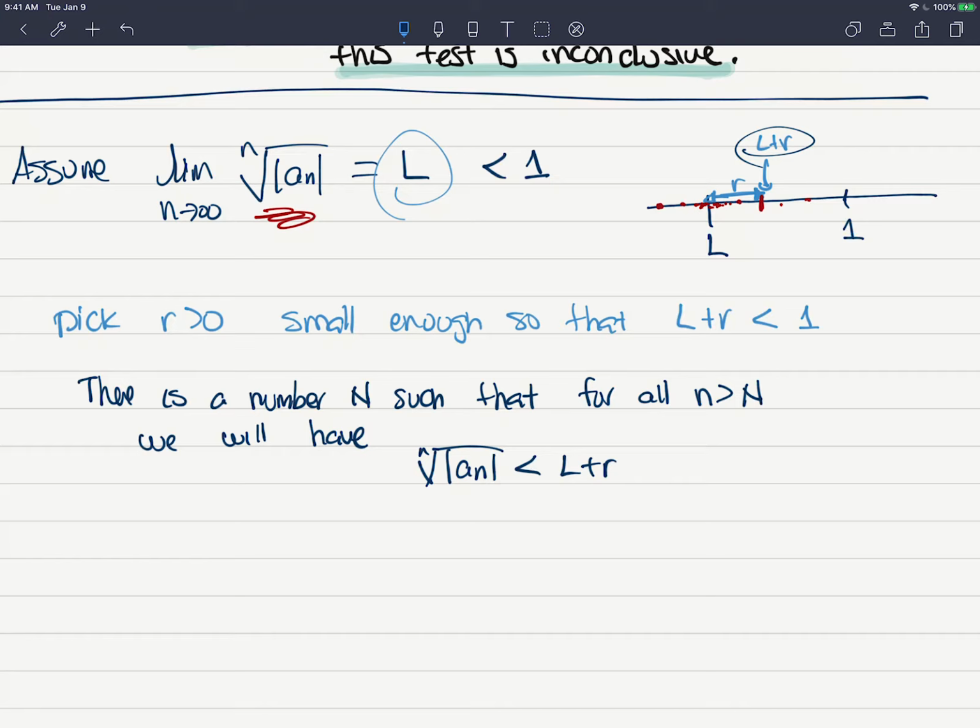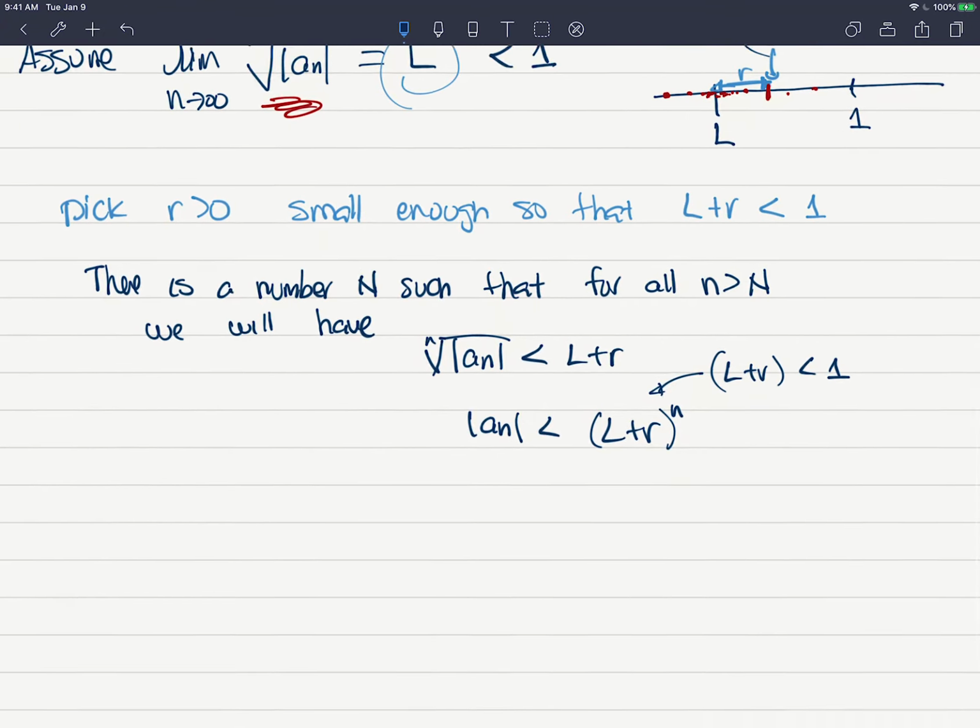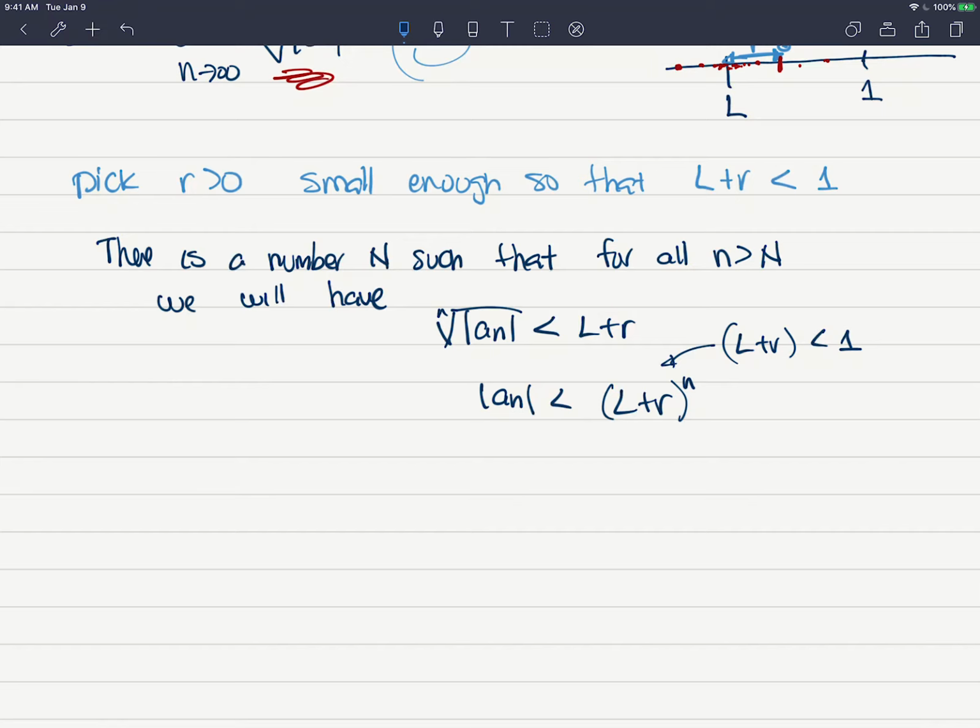And this is just because of the limit, they're all going to get closer to L, so they have to be to the left of L plus R. So this means I can rewrite this as the absolute value of an is less than (L plus R) to the power of n. And the important part is that L plus R is still a number less than 1.